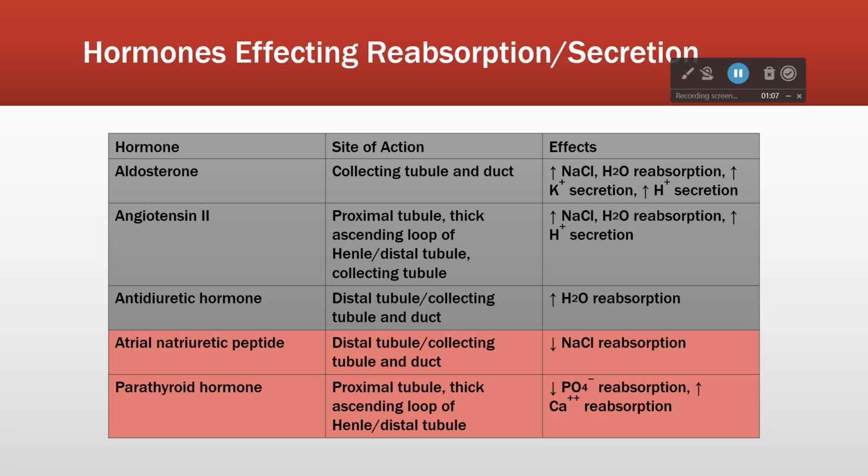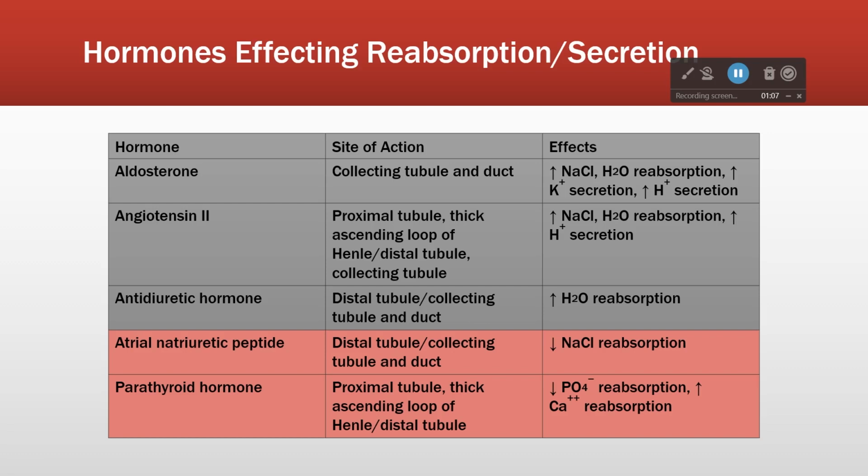So the response to atrial natriuretic peptide is to decrease sodium chloride reabsorption, again in the distal tubule, the regulatable section, right? So ANP has its effect at the same place. By reducing sodium chloride reabsorption, we increase water excretion, right? If we pull in less salt, less water follows that salt, so we end up with more water in the urine.